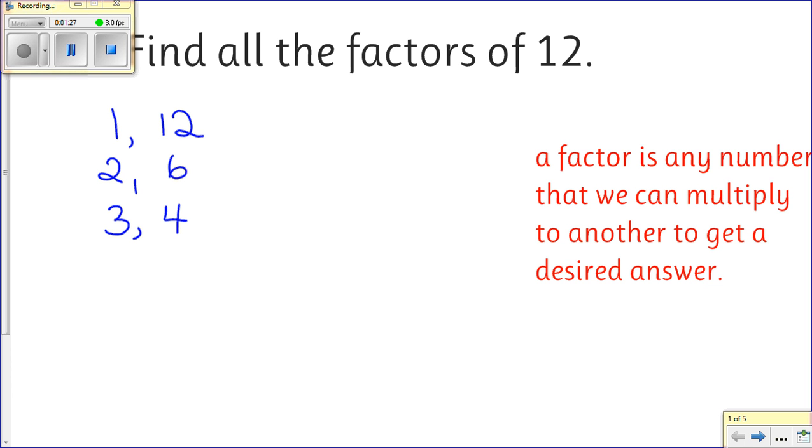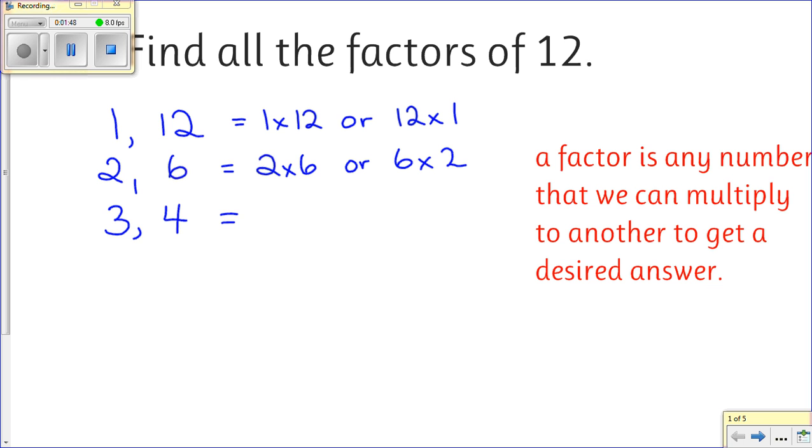So here we have our list where we can say that 1 times 12 or 12 times 1 is 12. 2 and 6 are factors because we can say 2 times 6 or 6 times 2 would make 12.